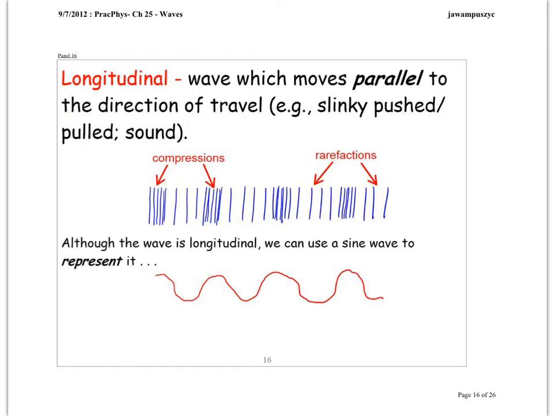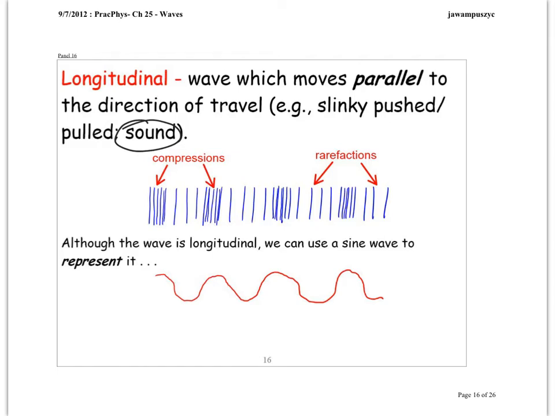In a longitudinal wave, like sound, so we may want to write this down or actually circle it down here, the medium actually moves back and forth along the same direction that these wave pulses travel. You notice that you've got higher density areas here. These are called compressions, and in between the compressions you have less dense areas called rarefactions.